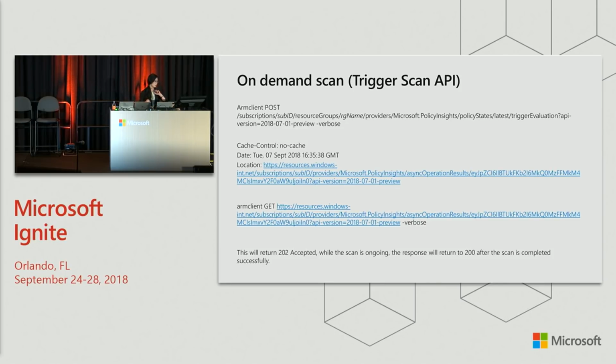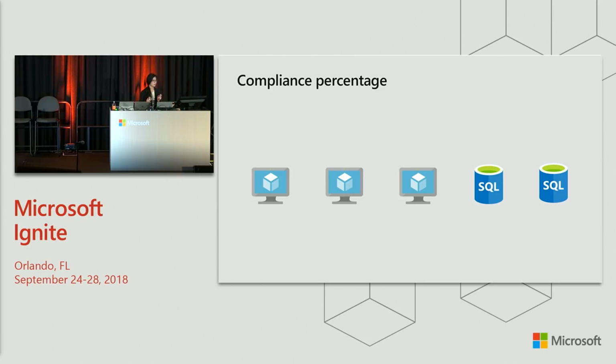Now that we know how we can trigger the compliance, let's talk about the compliance information. So I just showed you on our compliance percentage how you're able to see across your environment that you are 23% compliant, for example. One of the struggles that we had when we were planning on introducing compliance percentage was that, let's say you have a policy in place that says that SQL encryption must be enabled.